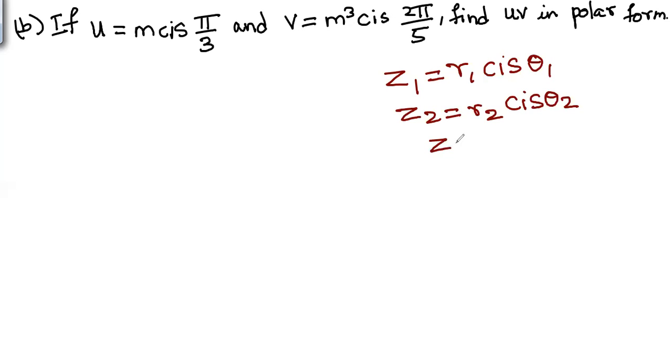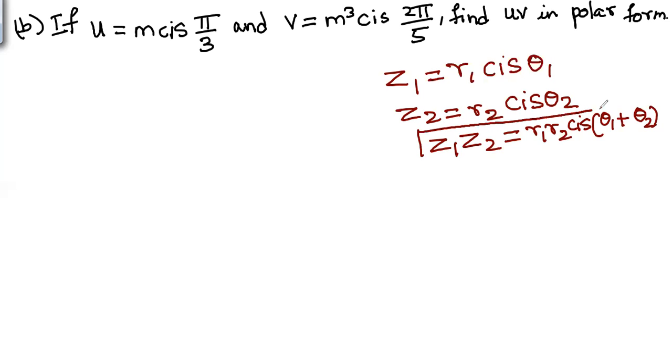In that case, when we take the product, z1 z2 will be r1 r2 cis of theta 1 plus theta 2. And we are supposed to use this rule for answering question B.